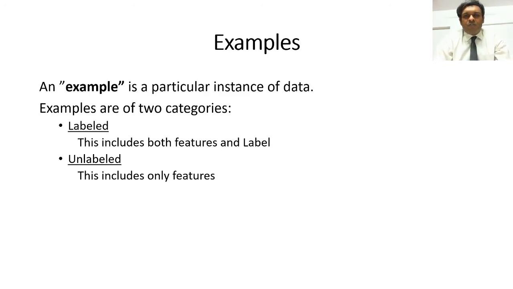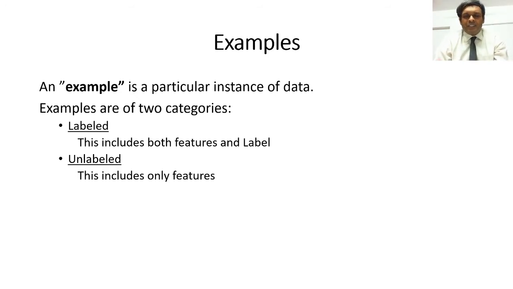The next term which you will often come across is examples. An example is a particular instance of data. What do we mean by a particular instance of data? It is a set of data or a record which you will use to build your model, to train your model, or to derive an algorithm to figure out the logic that you would use to predict your label.